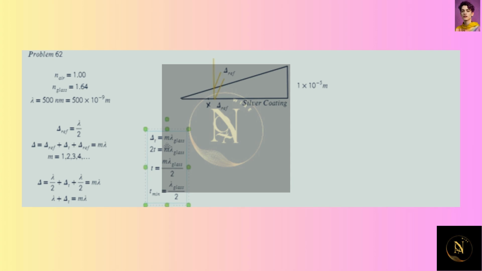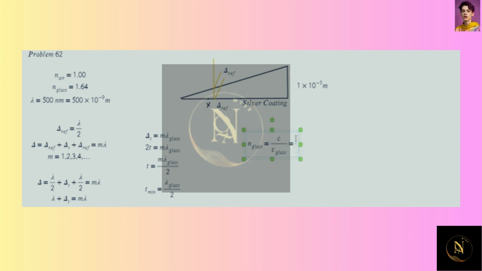Now we have to solve for lambda glass. To do that, we are going to have to look at the refractive index of glass. So that is n glass. And this is defined to be the speed of light over the speed of light in the material. So in this case, it's in glass.